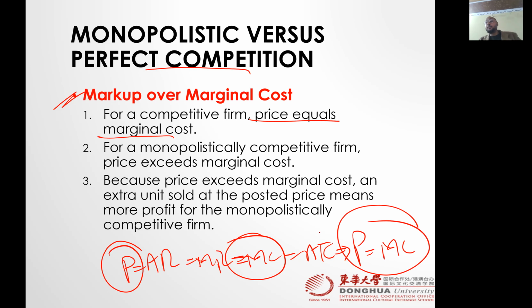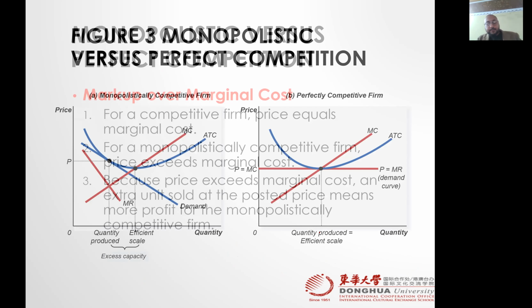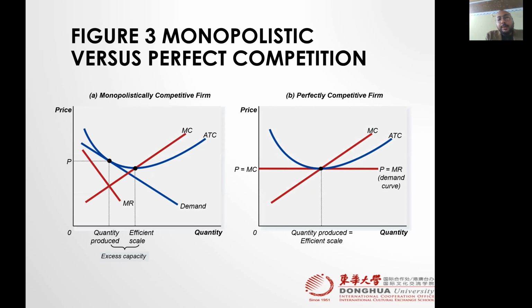So you see price is equal to MC. But here in the monopolistically competitive firm, we are producing less than the efficient scale, but we are charging a price greater than MC.